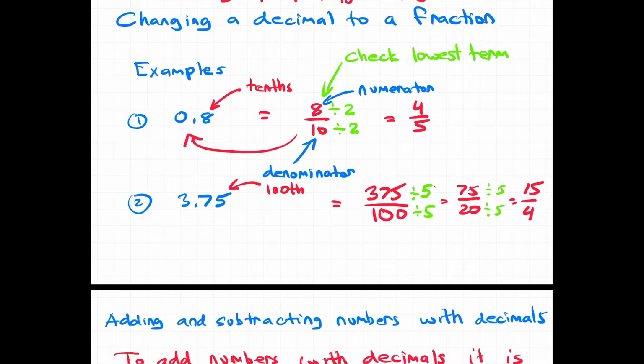Now, this one right here is called an improper fraction, and it's an improper fraction because the numerator is larger than the denominator. Now, if you're asked to express this as a mixed fraction, then we would be able to convert this to a mixed fraction, and the answer for that is going to be 3 and 3/4.